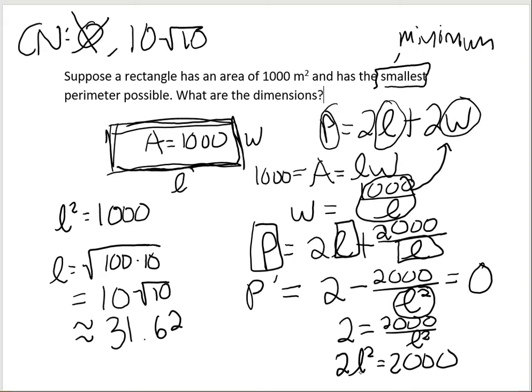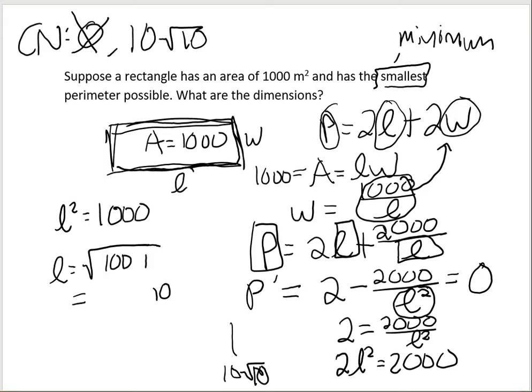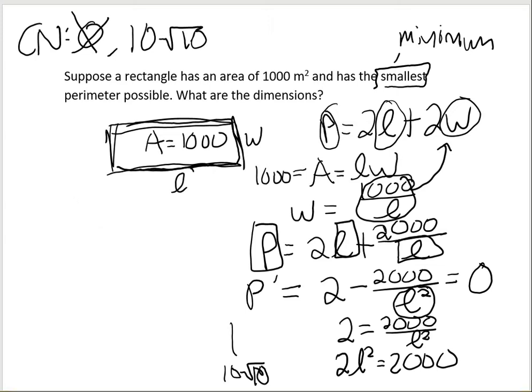So we could check this, 10 root 10, and make sure that this is a minimum. So L equals 10 is less than it, and L equals, well, let's say 40 is greater than it.